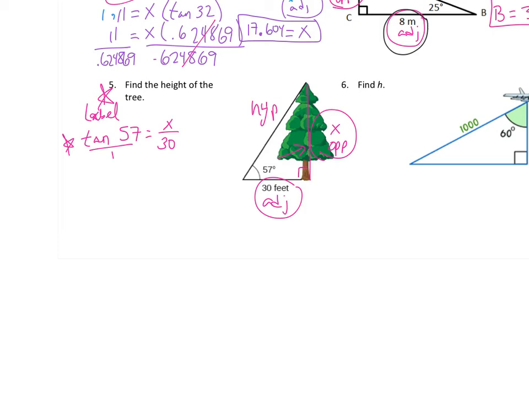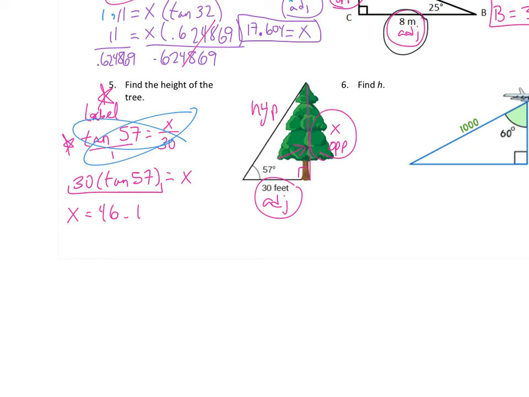So what you should have gotten when you cross multiply your pieces together, you should get 30 times the tangent of 57 equals a 1x. And when you type all of that into the calculator, you end up with 46.196 feet. And that's what your height of the tree is going to be.